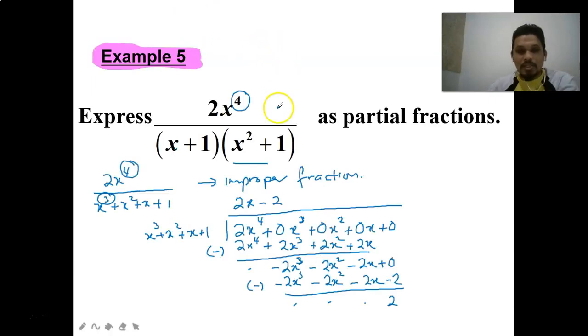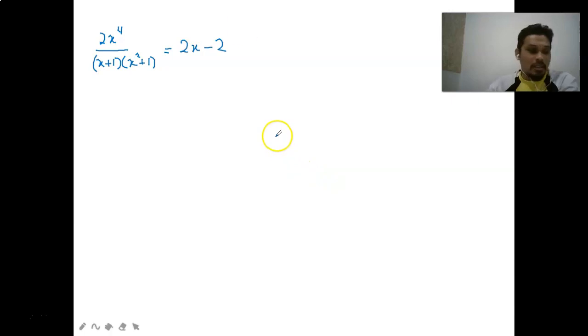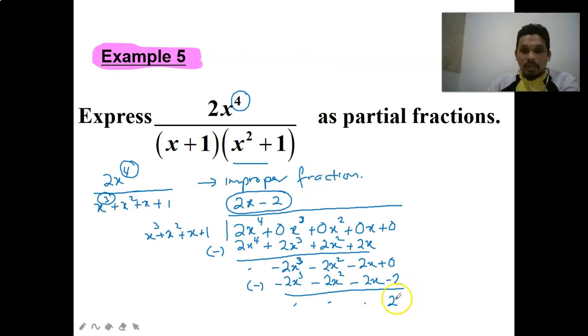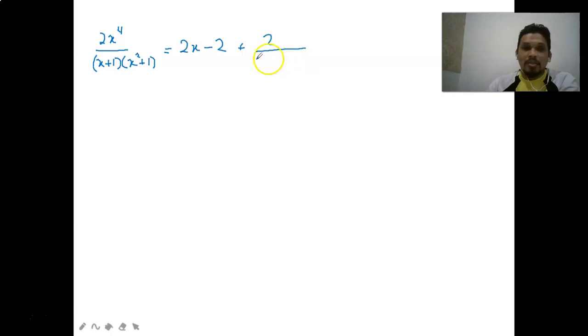Okay, as you see here, 2x minus 2 plus 2 divided by, look at the remainder here, which is 2. So 2 divided by x plus 1 and x squared plus 1.